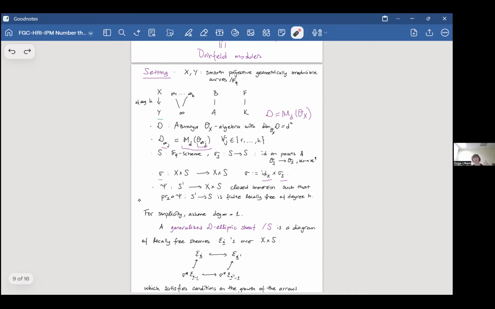By using this characteristic, we will define a stack over Y. We will push it down. And for simplicity, we assume the degree of infinity is 1.